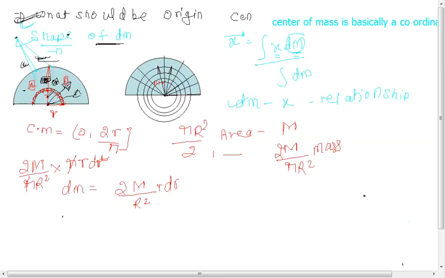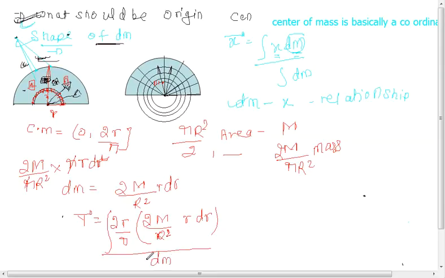And we know the center of mass of this infinitesimal mass is at this point. So the y coordinate will be the integral of 2m r dr by capital R square, this is the dm, into 2r by pi, divided by m.